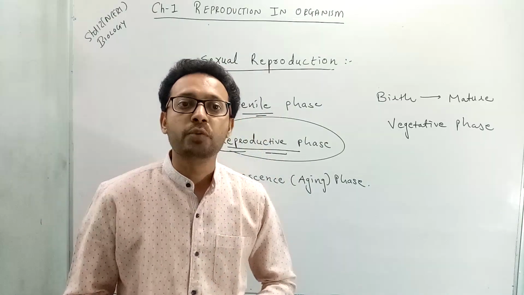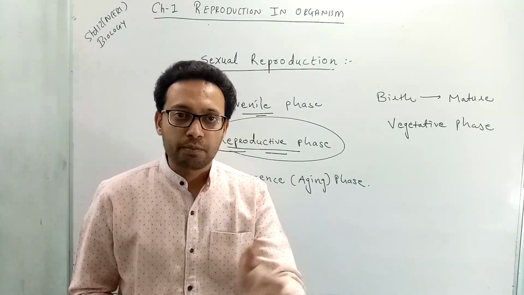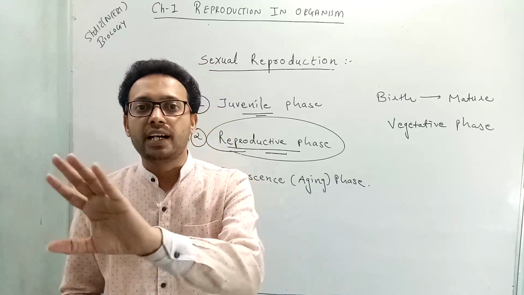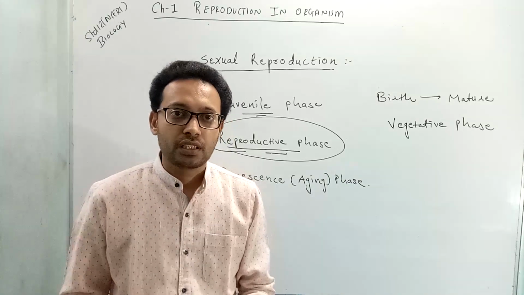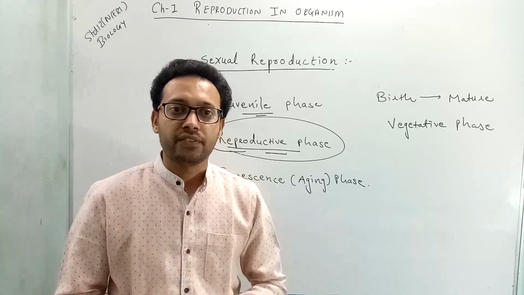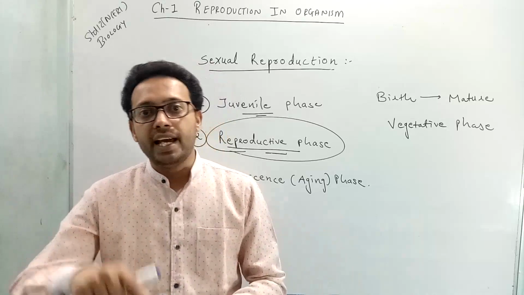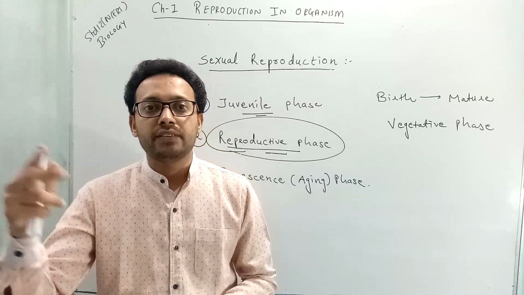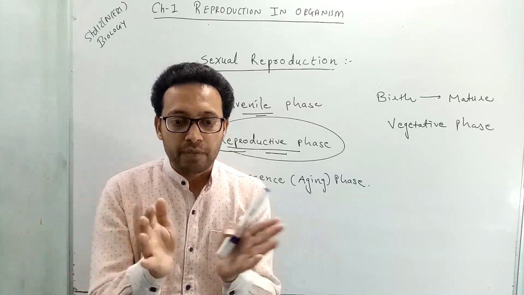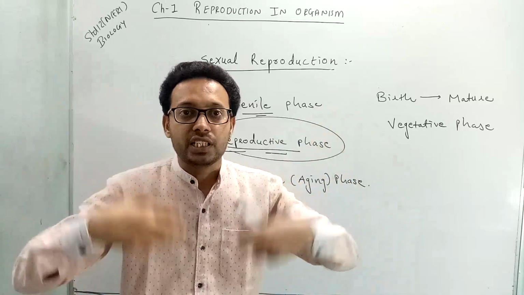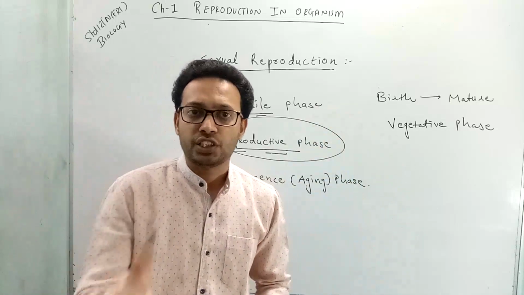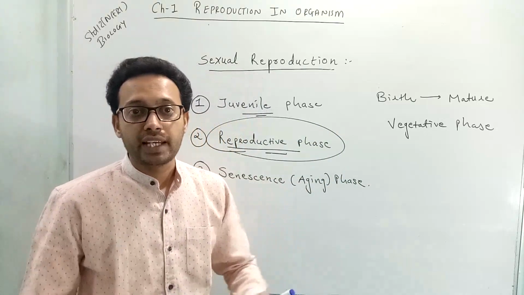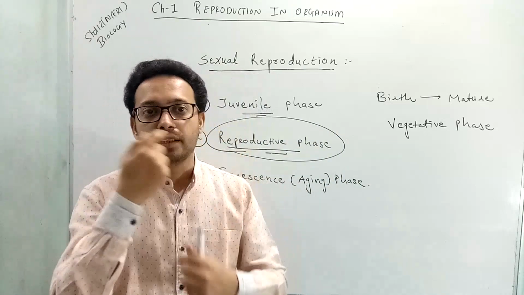Take the example of a human being. Once born, a human grows and reaches an age of 14 to 15 years. This time period is called the juvenile phase. Now they enter into the reproductive phase at the age of 15, 16, 17 or 18. Between these two phases, certain changes occur in the body, which may be morphological or physiological. Like there is development of a beard and mustache.